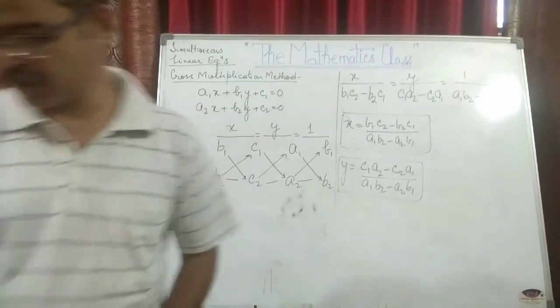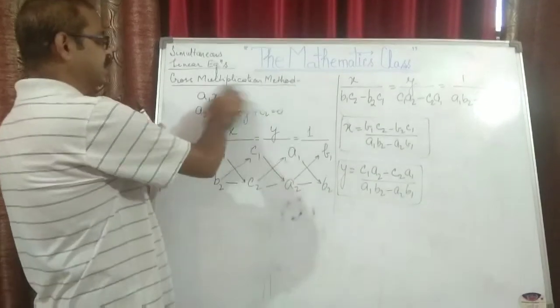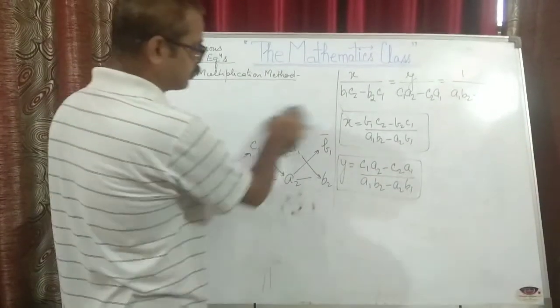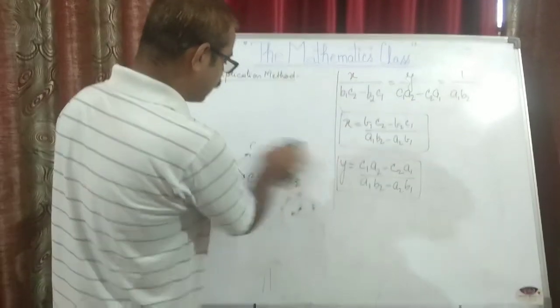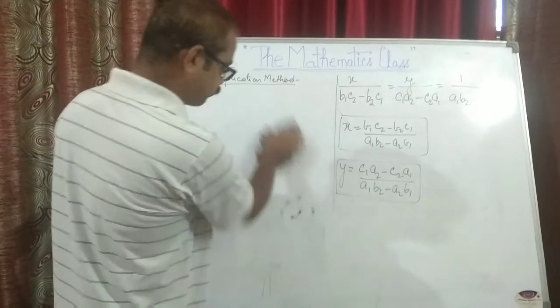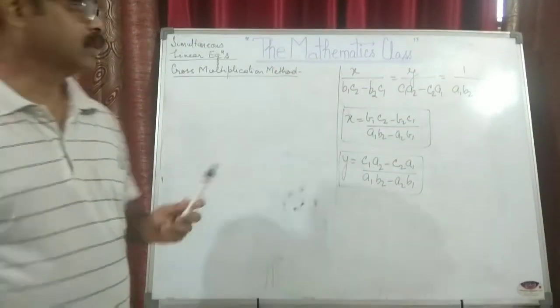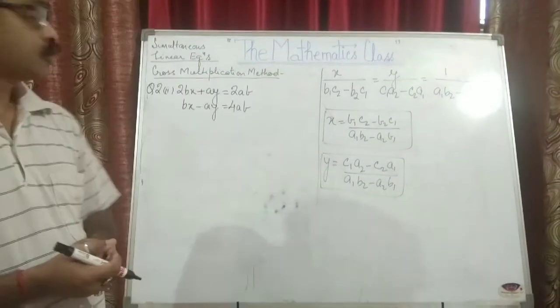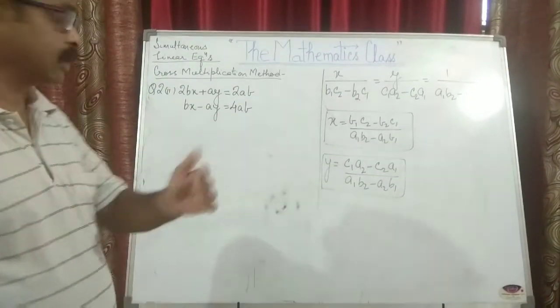Let's take an example. I am not going to solve it out, but I'll show you how to compare and how to find the values of a1, b1, c1, and the rest you can substitute in the formula. For example, I have taken question number 2, second part of exercise 5.3 of M. L. Agarwal.